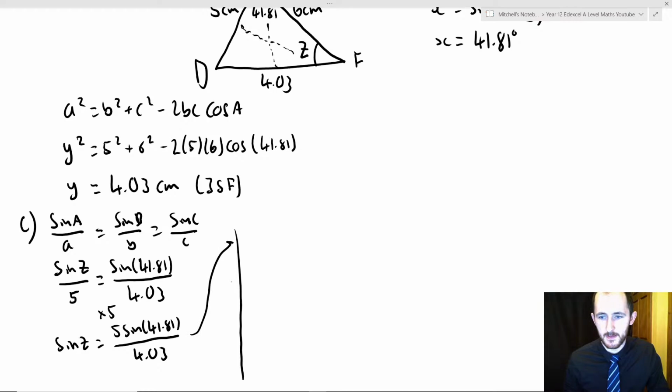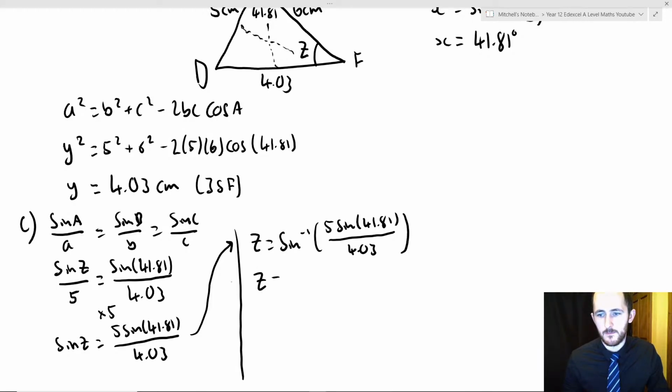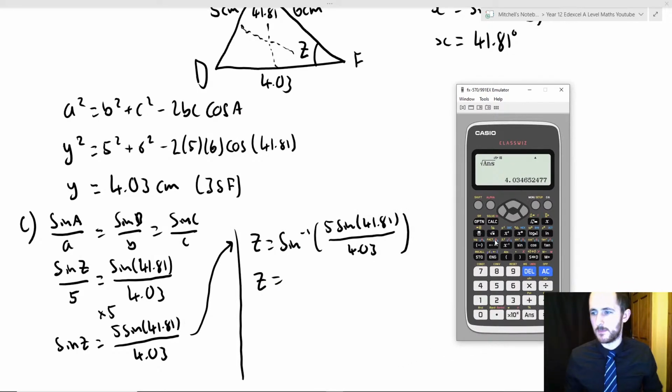So if I go back up here, Z is just going to be the inverse sine of 5 sine 41.81 over 4.03. And we're done. A bit long, but not too bad.